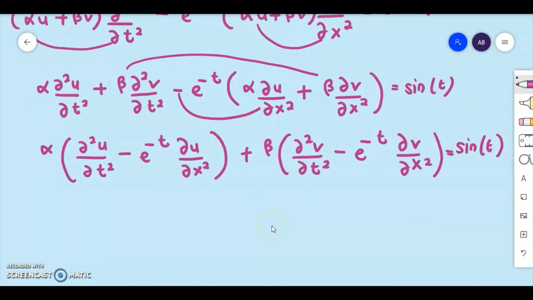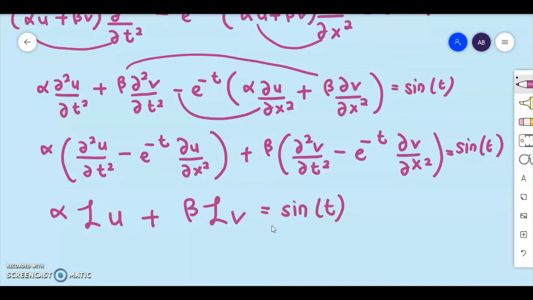Okay, so I can see here this operator looks like, this is my operator L on U. So alpha operator LU plus beta operator LV equals sine T. Now this is similar to what we have done.